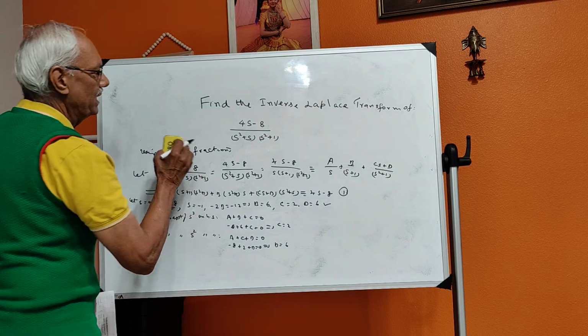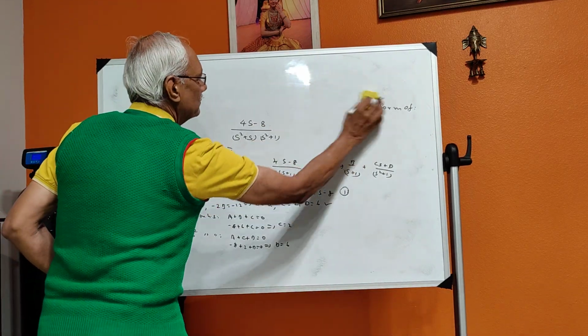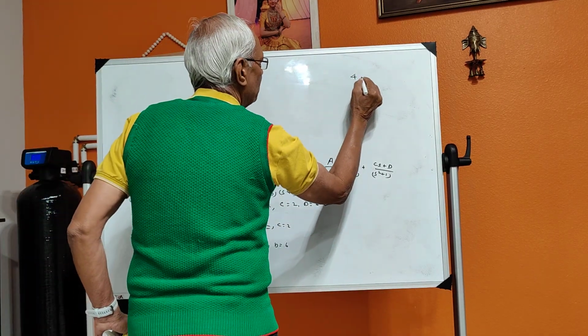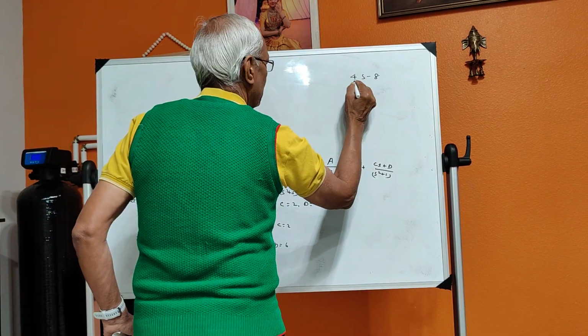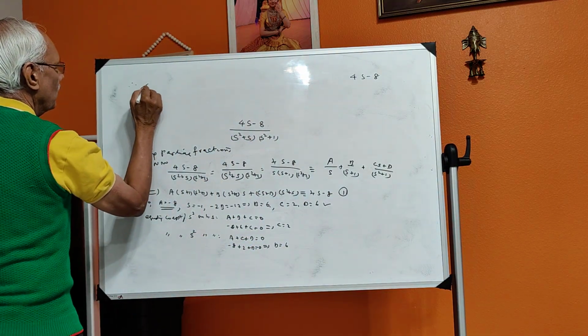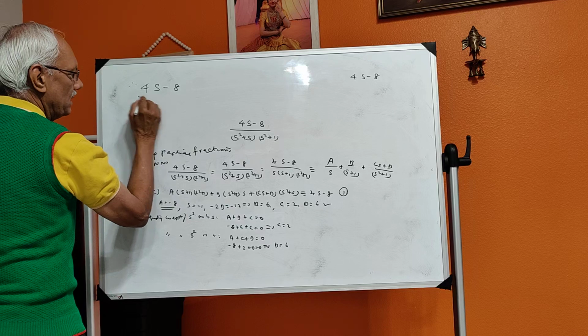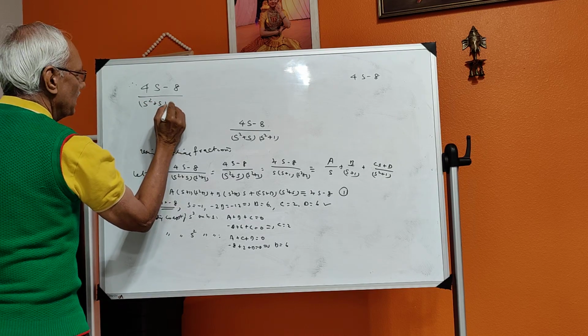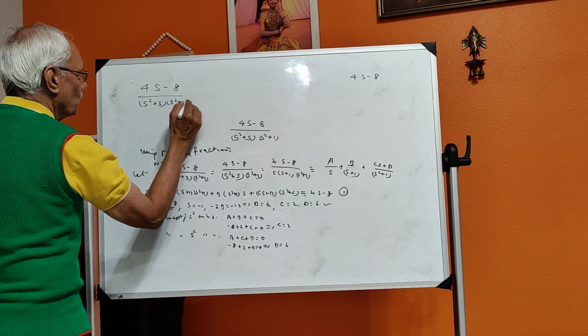So I get the value of this to be this. Therefore I can write, this is the problem that we have to solve: (4s minus 8) divided by (s squared plus s) into (s squared plus 1).